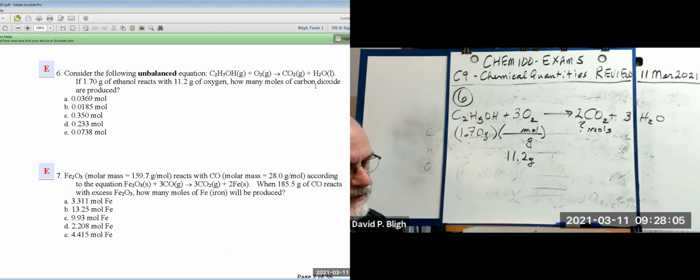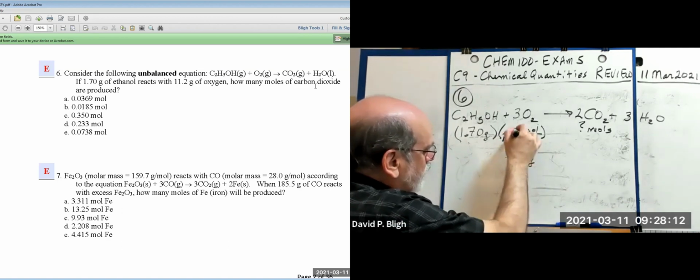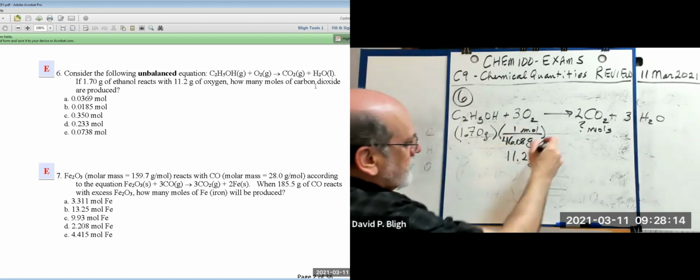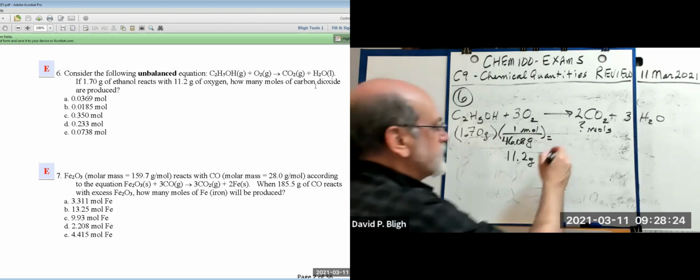So that's 46.08. There we go. So how many moles is that? I get 3.69 times 10 to the minus 2.